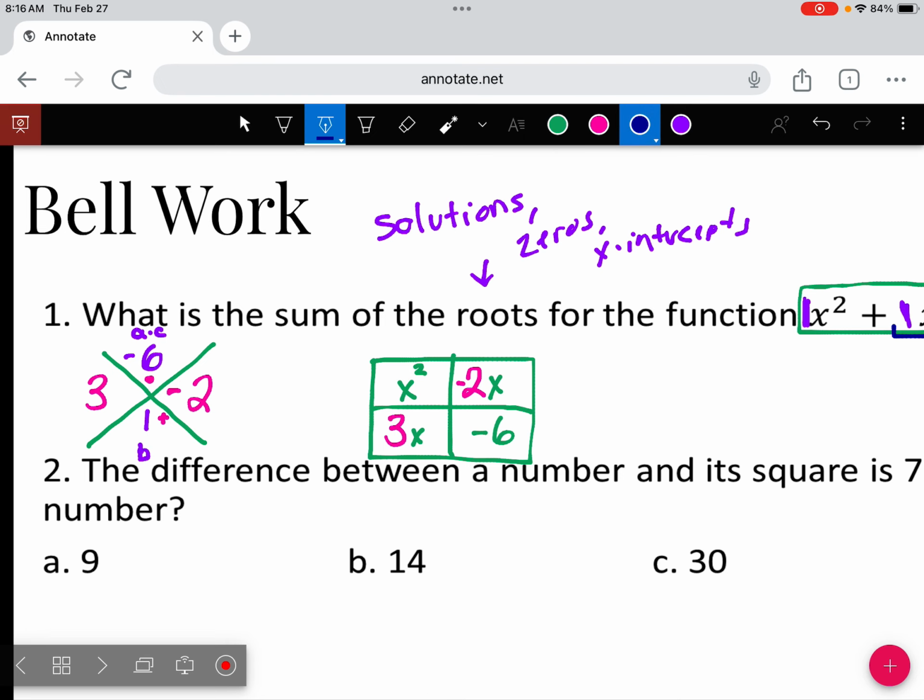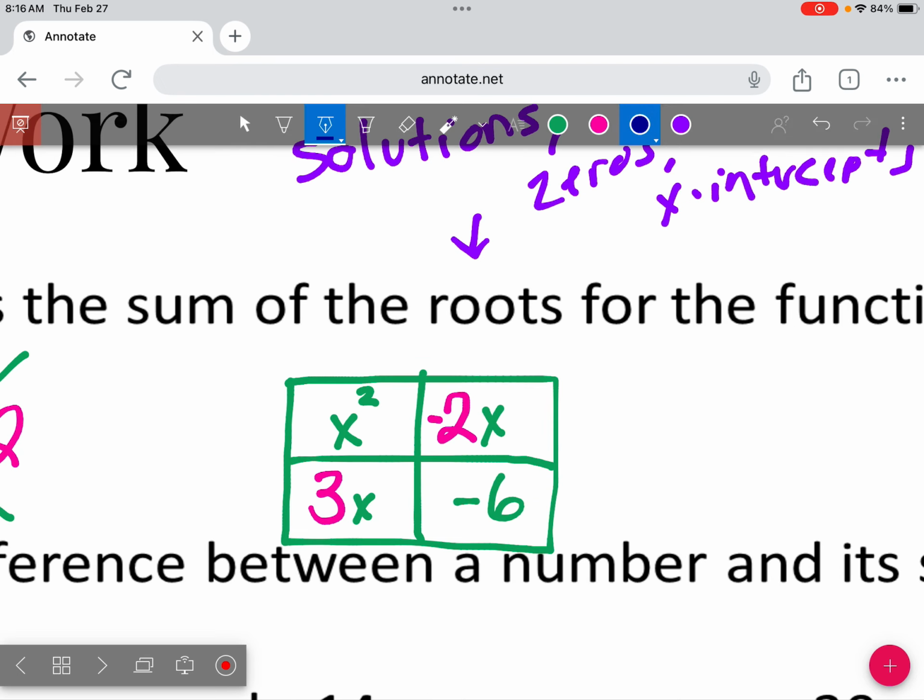So when we pull our factors, what do we get? We're finding basically our greatest common factors, our GCFs, out of our columns and out of our rows. So what is shared between x squared and 3x? Just an x. What goes next to it?